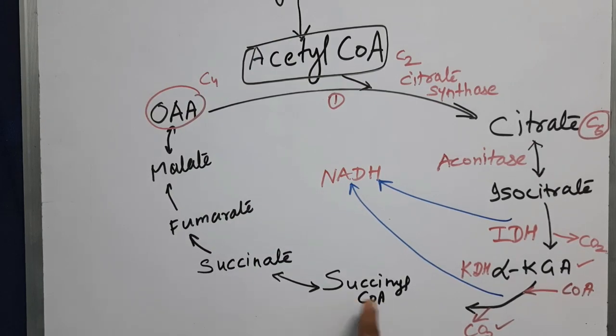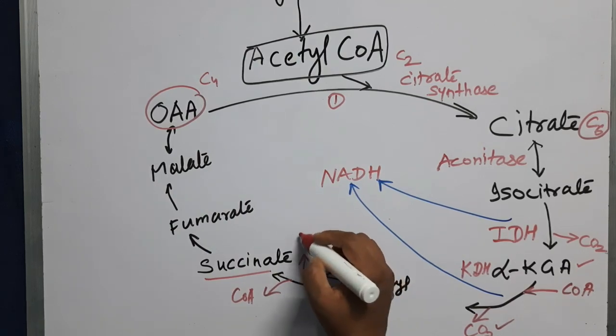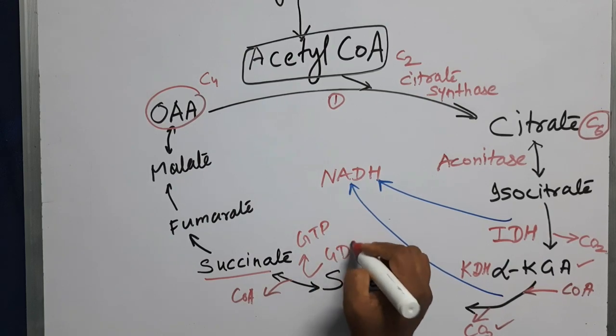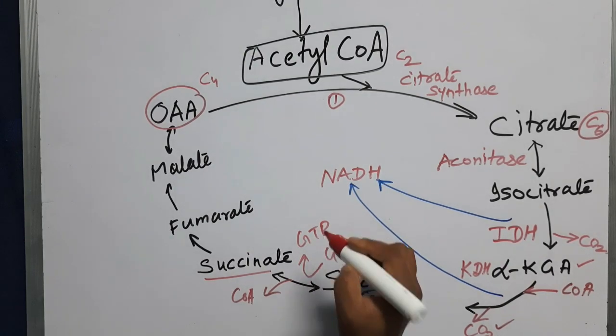Then from succinyl-CoA, the CoA is released and succinyl-CoA is converted to succinate. In this reaction there is formation of GTP from GDP. GDP will be phosphorylated to GTP.